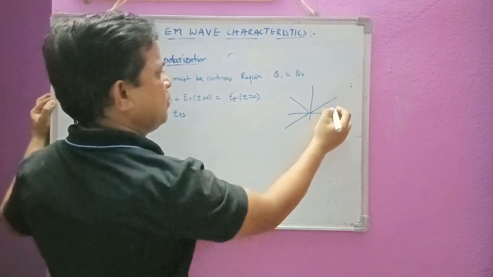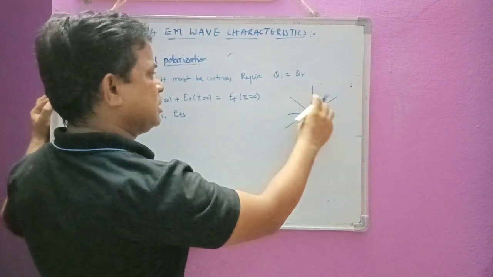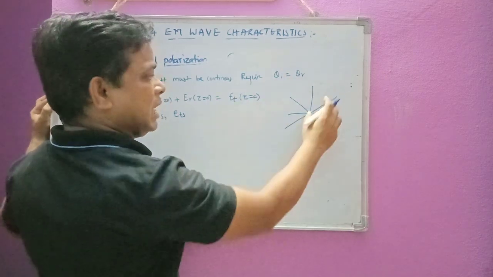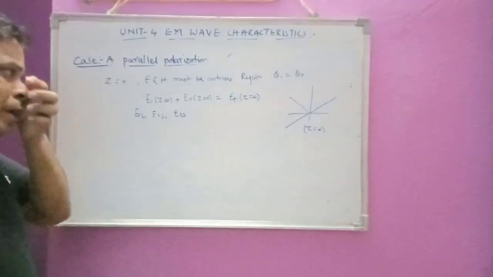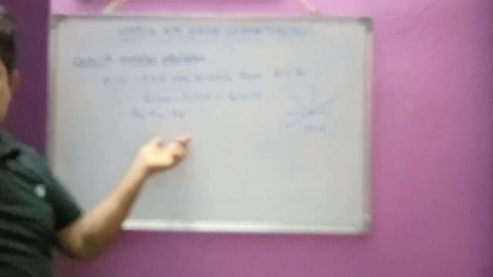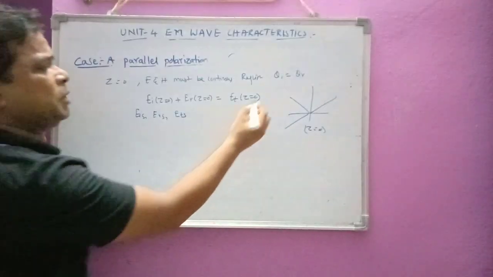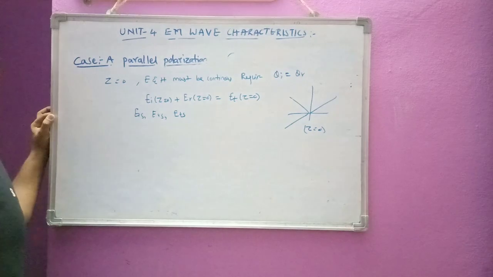We are saying that the incident electric field plus the reflected electric field is equivalent to the transmitted electric field at z is equal to 0. We are going to use the equations we have derived, keeping theta I is equal to theta r.